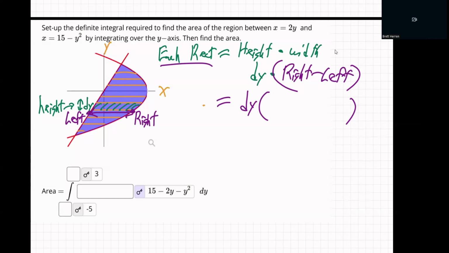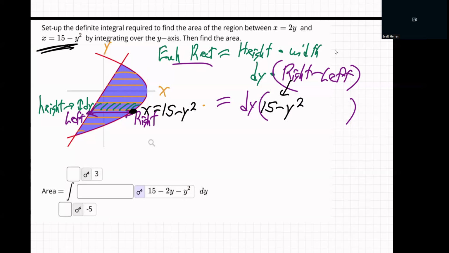Well, this curve on the right here is x equals 15 minus y squared. So the right edge is the x value, x equals 15 minus y squared. So this right edge is 15 minus y squared.